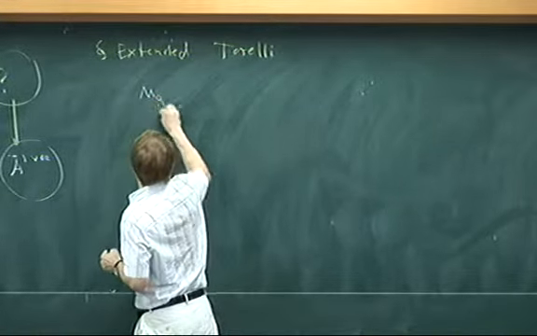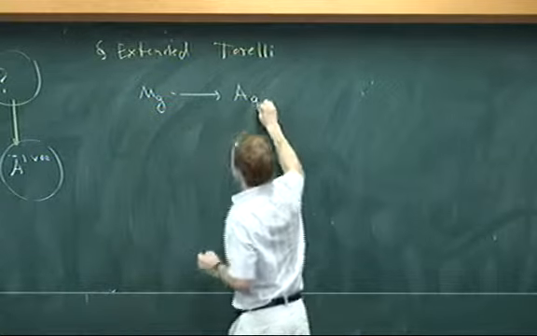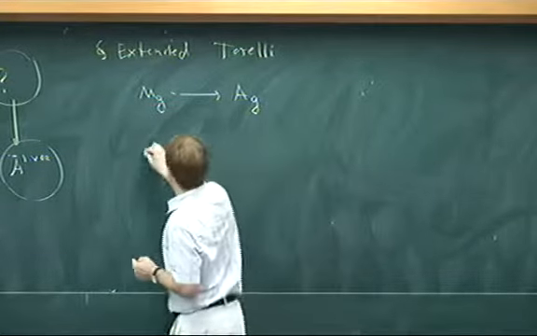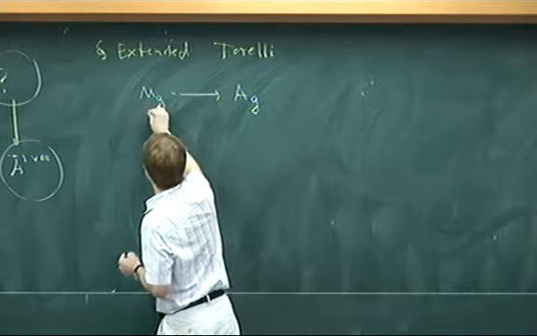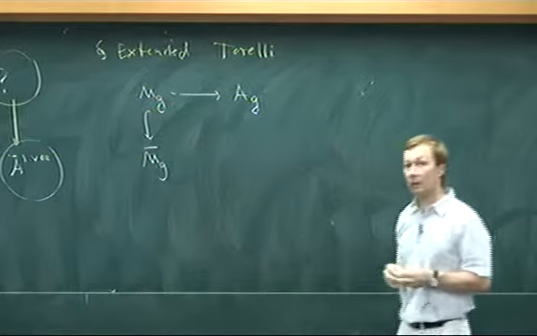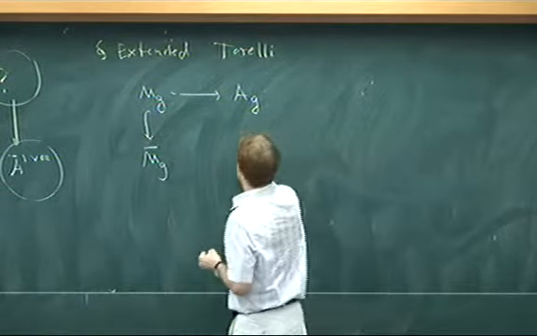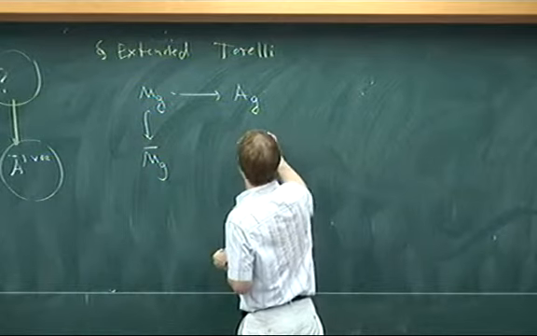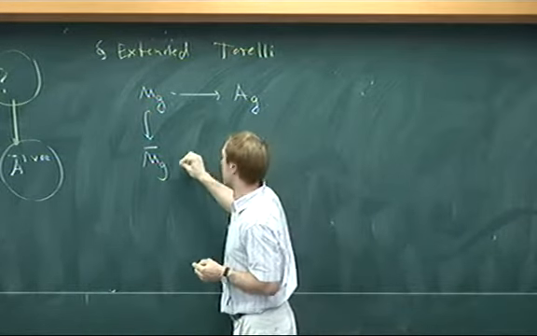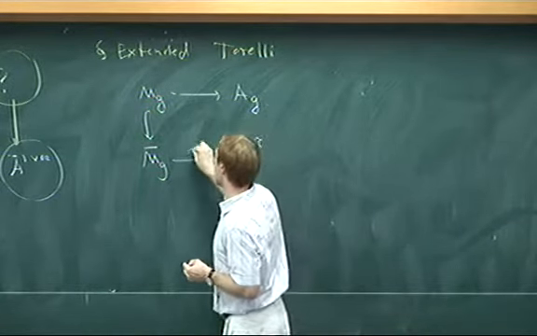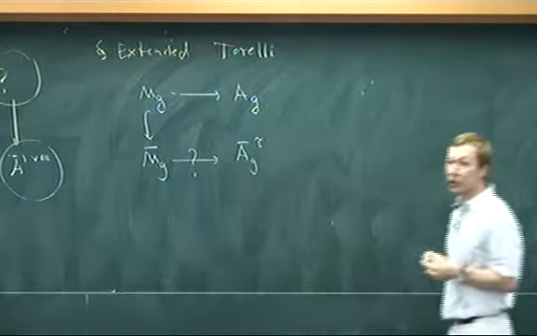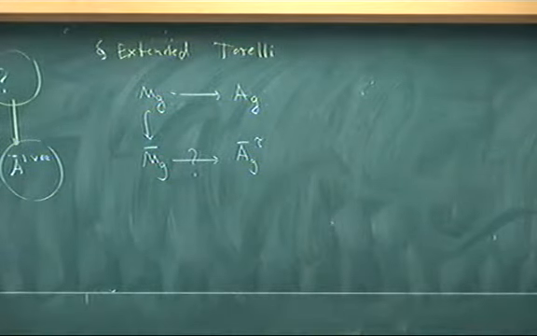Here's the picture. We have M_g and we have A_g. For M_g, we look at the Deligne-Mumford compactification, M_g bar. And for A_g, we look at one of these toroidal compactifications. And we ask whether there is an extension, an extended morphism.